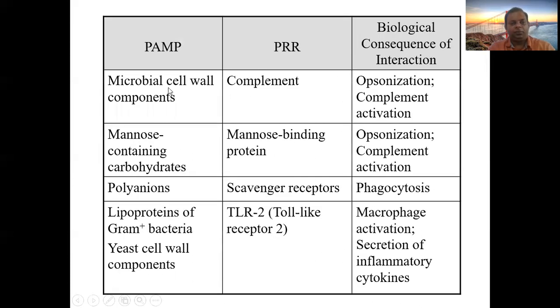So these are microbial cell wall components. Complement is a pattern recognition receptor here, which leads to opsonization and complement activation. Likewise, there are toll-like receptors. They react with these pathogen-associated molecular patterns. Lipoprotein of gram-positive bacteria is a cell wall component that leads to macrophage activation. These receptors are on our neutrophils and macrophages.